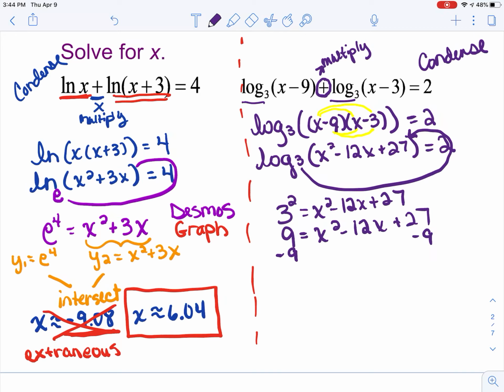I can subtract 9 from both sides: 0 equals x squared minus 12x plus 18.